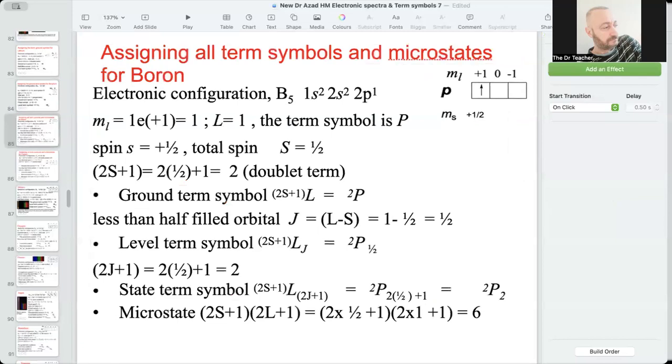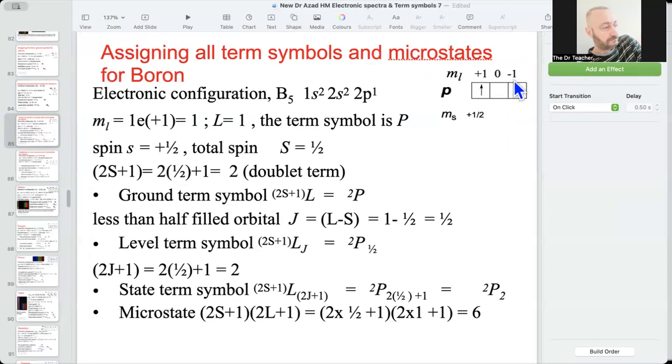Okay, we move on to boron, 1s2 2s2 2p1. We take the 2p1, the last shell, the outer shell. There are two outer shells, but we take only the final shell. So 2p1, one electron in the box orbital.